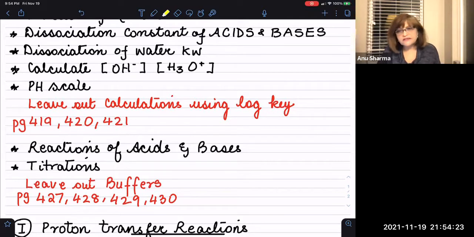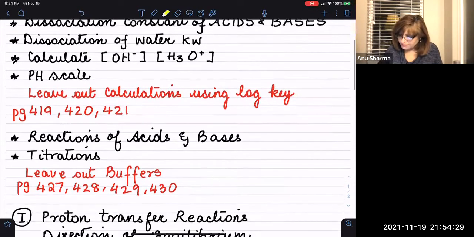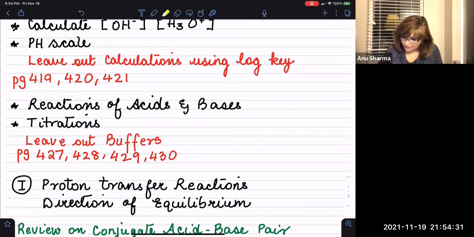But since it's an asynchronous class, I think it's better that we get rid of these calculations, although they are fairly simple. So you leave out those calculations where the log keys need to be used on the calculator. And these are the calculations shown on page 419, 420, and 421.